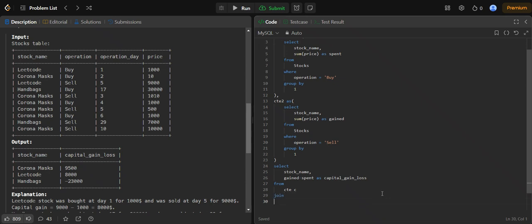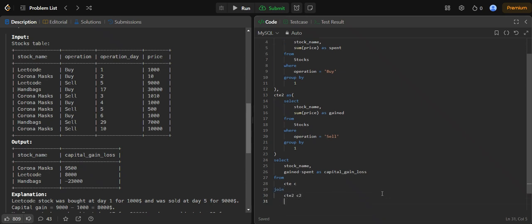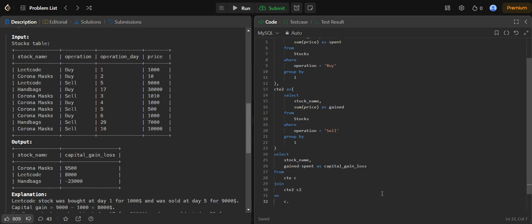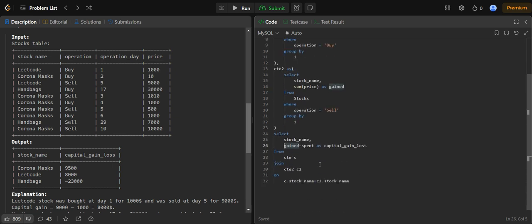I am going to join the next CTE table on C.stock name equal to C2.stock name. And I can write gained from C2, and spent from C, and the stock name from C also.